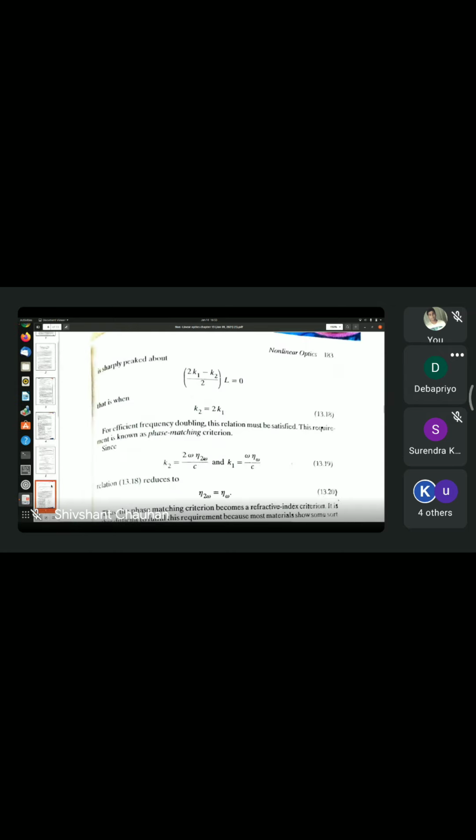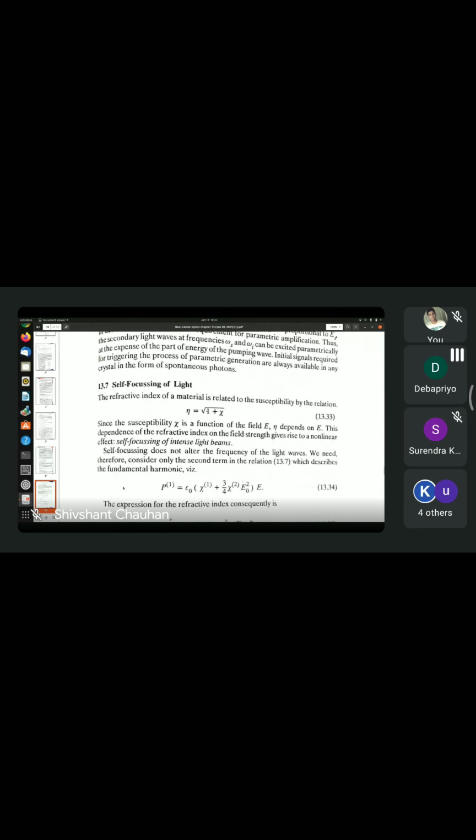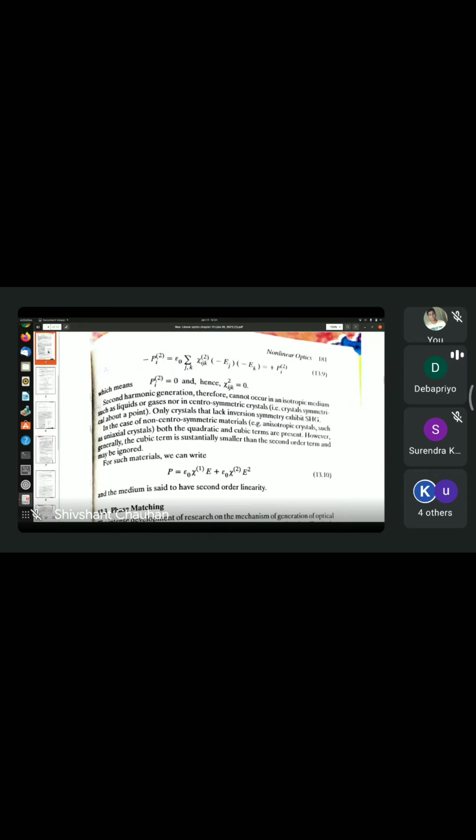So let us move to expression 13.10, just the last one that we saw: P equal to epsilon 0 chi 1 E plus epsilon 0 chi 2 E square.